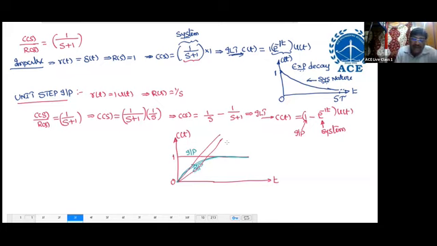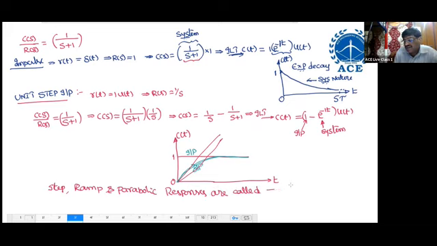That's why step, ramp, and parabolic responses are called forced responses, whereas the impulse response is called the natural response.